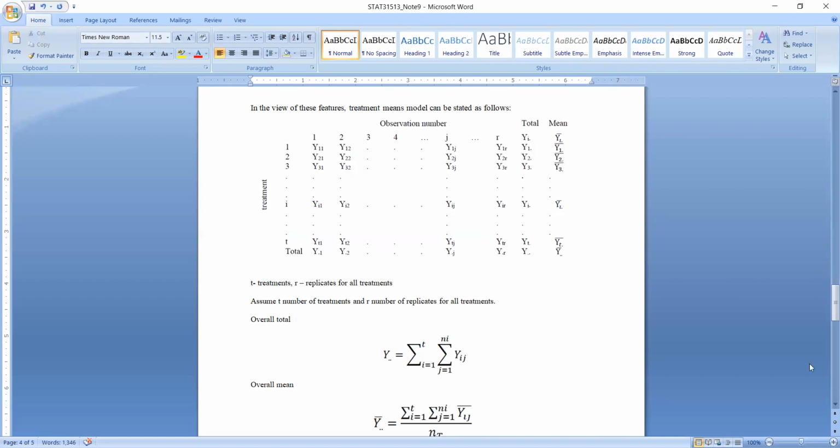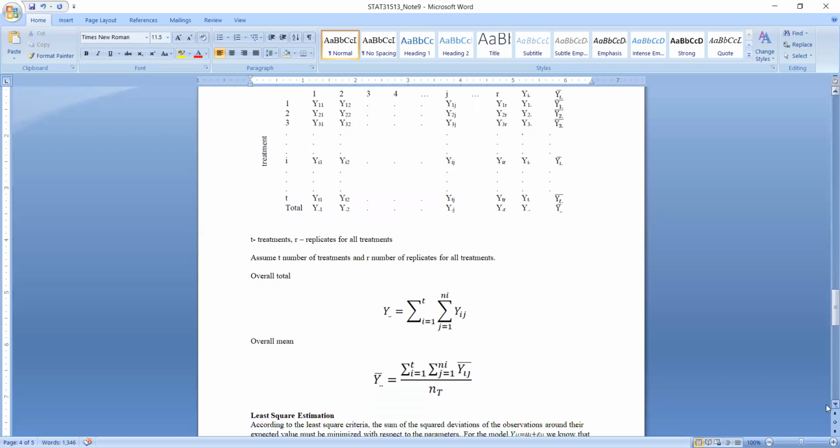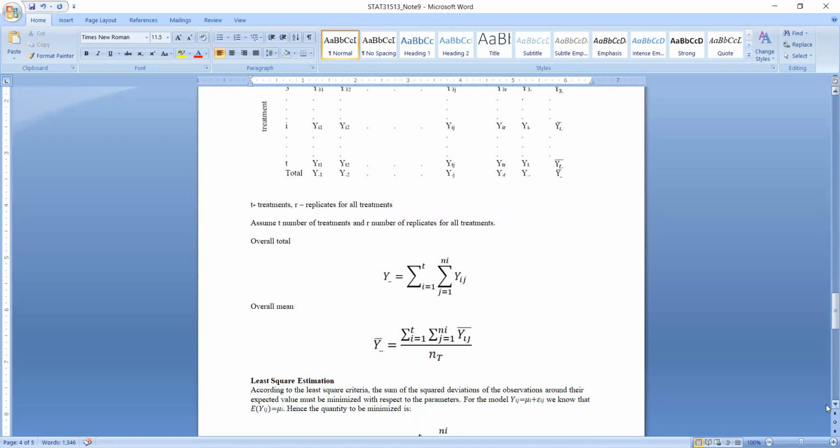Right? And here, if you take the summation of all the observations, you can first take the total of the treatments, where the observation is denoted by Yij. So if you are taking the treatment total, j goes from 1 to Ni. Then when you take all these totals, you will get the overall total.